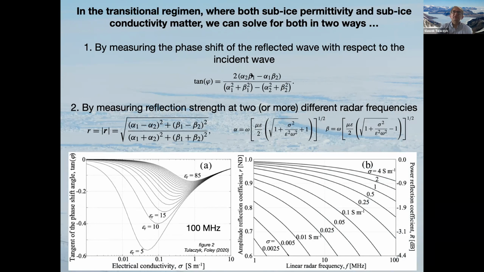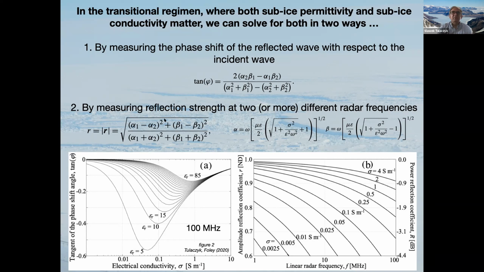One approach could be to measure the phase shift angle of the reflected wave compared to the incident wave. That way you get a new equation, so you can solve two equations for two unknowns.